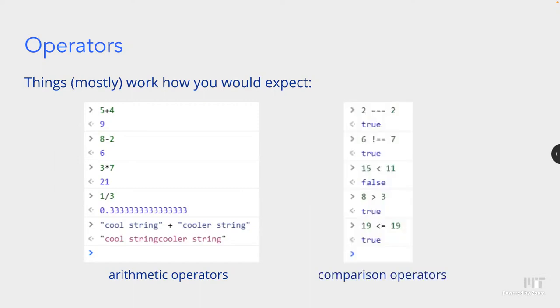So arithmetic operators work. We also have comparison operators: less than, greater than, less or equal to, and so on. One thing that is different is that there is a triple equal sign, which we will get to later. But maybe you can think in your head about what that might mean. Let it ruminate.